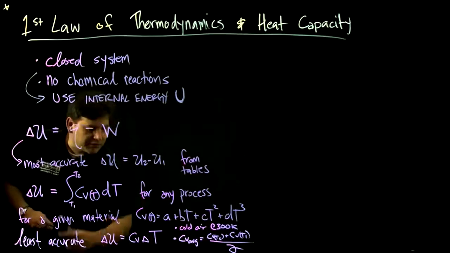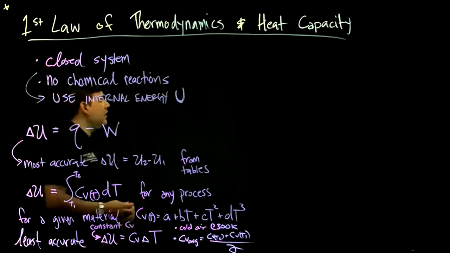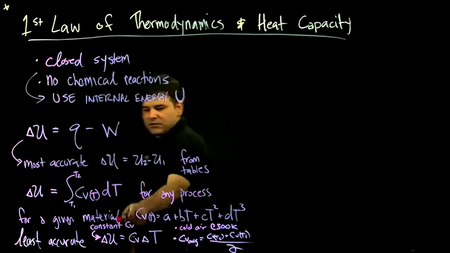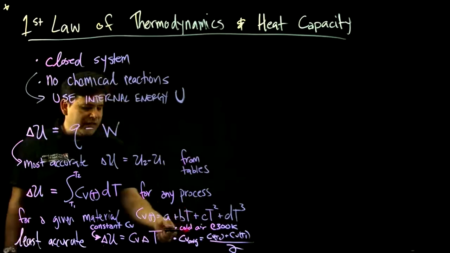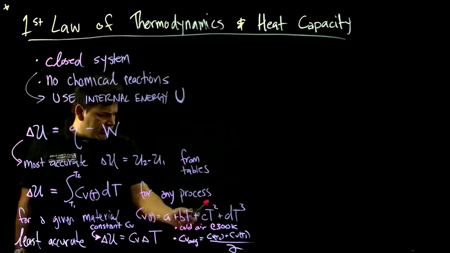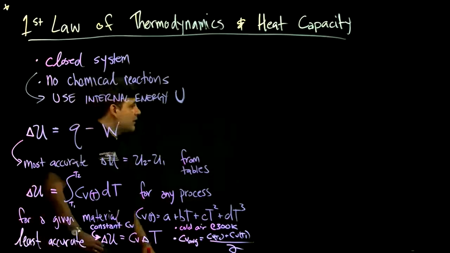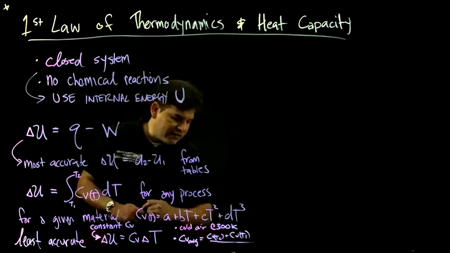I'm running out of space here, but if the CV value no longer changes with temperature, this integral becomes simpler. You could just say delta U equals CV dT. On the cold air standard, when evaluating these reciprocating engines, Otto cycle and diesel cycle, we often use this simplification, which is a pretty rough estimate because the engines get very hot, but we ignore that effect.